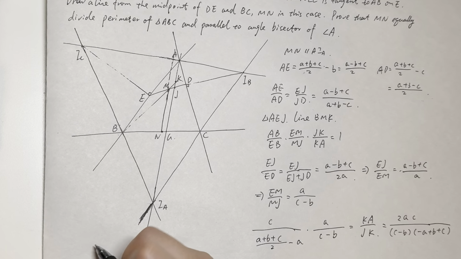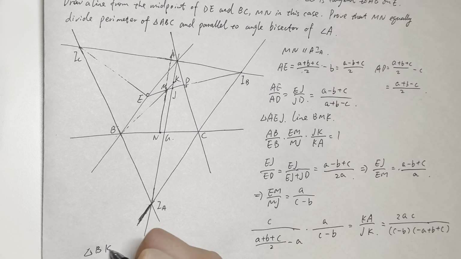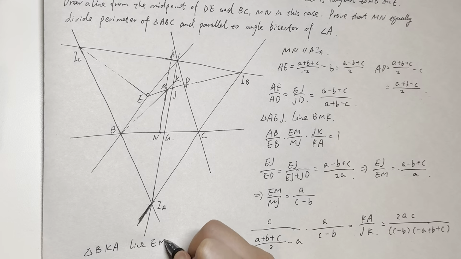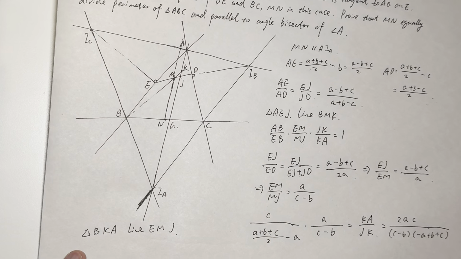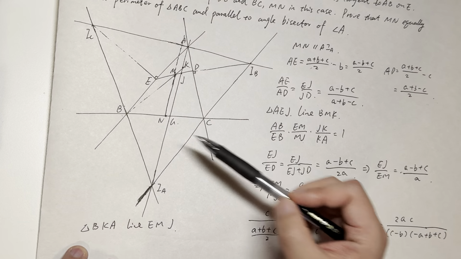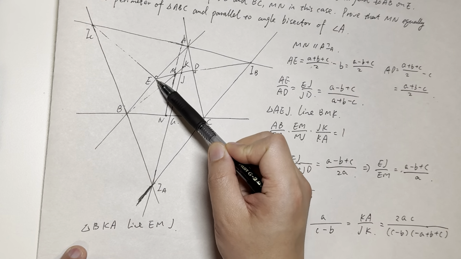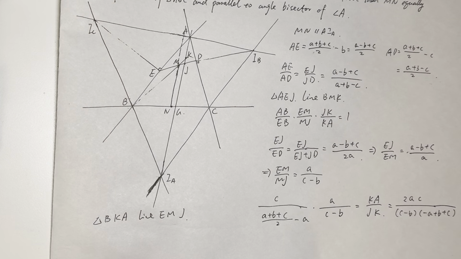Now we think about using Menelaus's theorem on triangle BKA and the line EMJ. Let's see what we can get here.